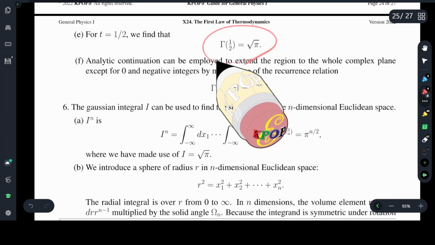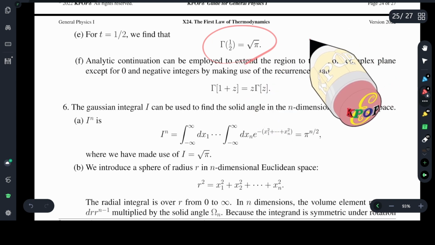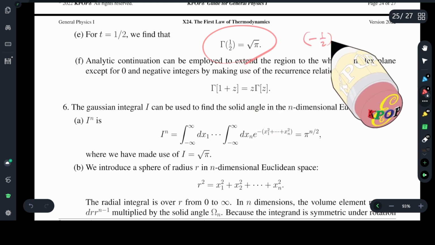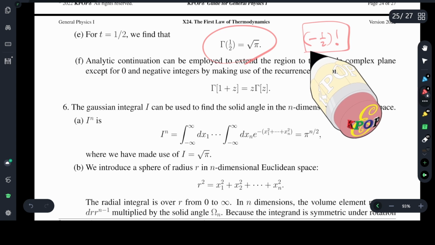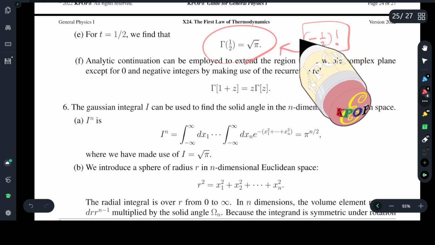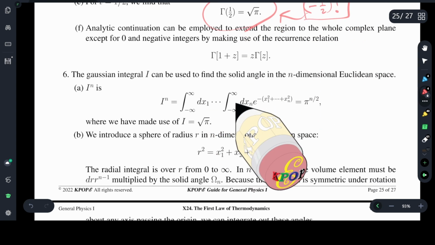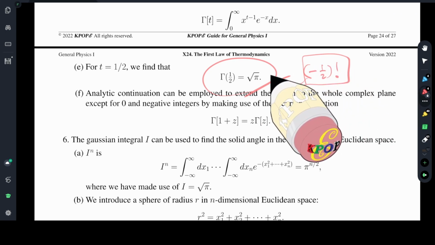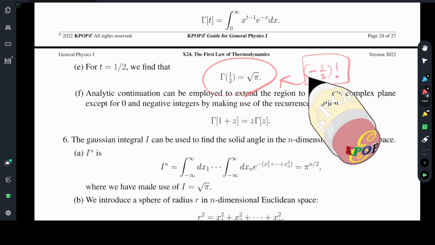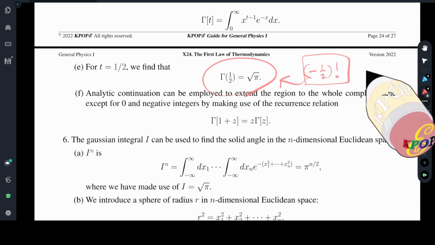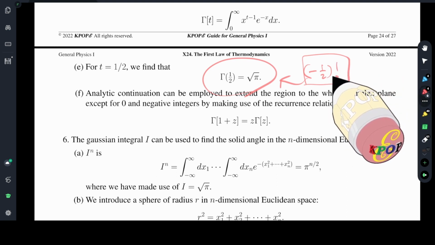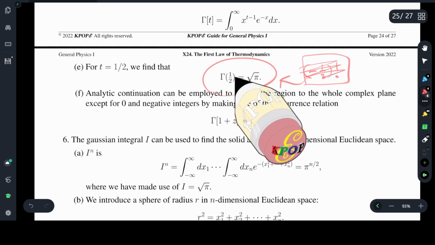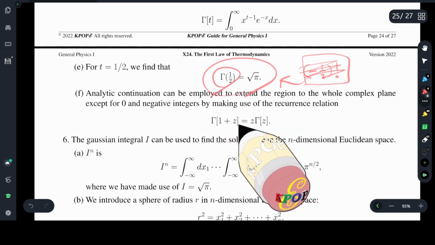So that's the reason why gamma 1/2, which is equivalent to -1/2 factorial, is defined, and that is the square root of pi. But usually we do not use half integers, except for non-negative integers, you usually do not use factorial notation. So it's better to use the gamma function.